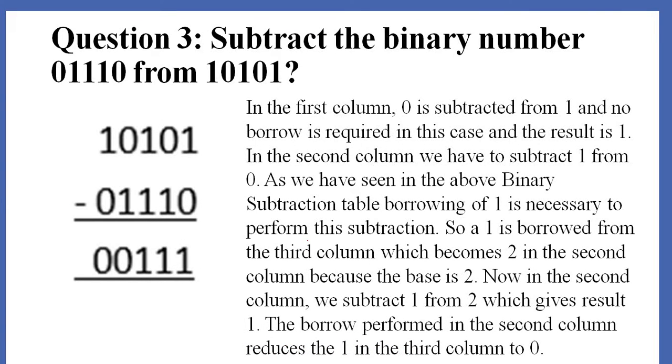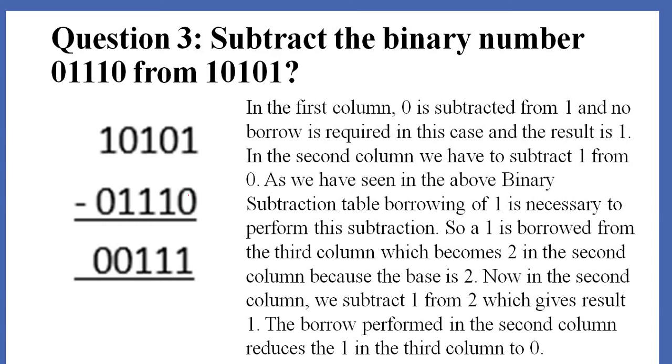Now we will understand binary subtraction by taking an example. Question number 3. Questions 1 and 2 were on binary addition, so question number 3 is based on subtraction of binary numbers. Here you have to subtract the binary number 01110 from 10101. So we have written it in this form: 10101 minus 01110.